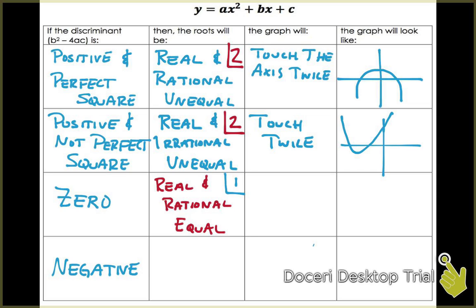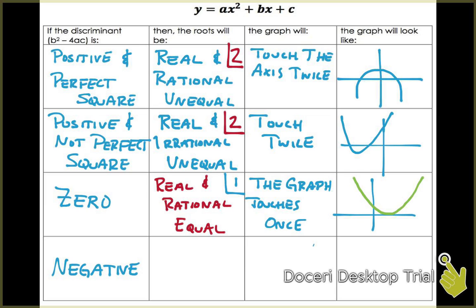What this means is that the graph touches once. So if you have your graph, it's going to come down here, it's going to touch that axis and come back up. So it only hits one time, right at the vertex. At the vertex, it hits once.